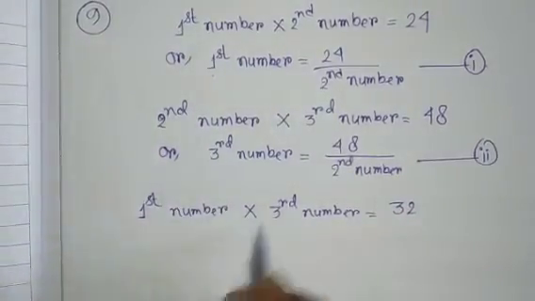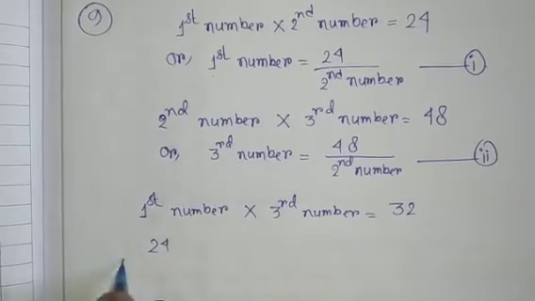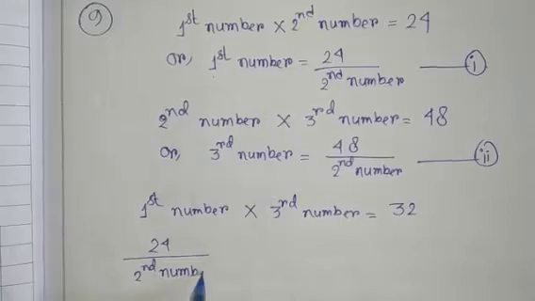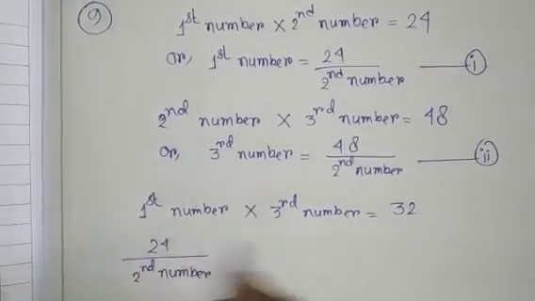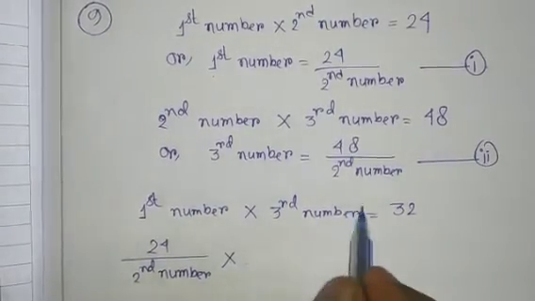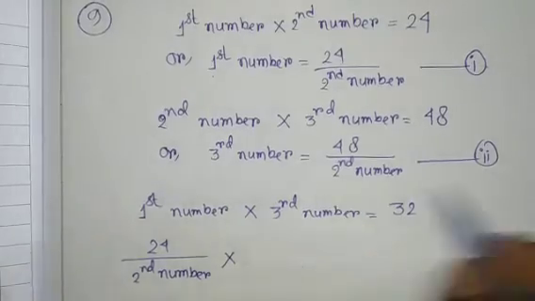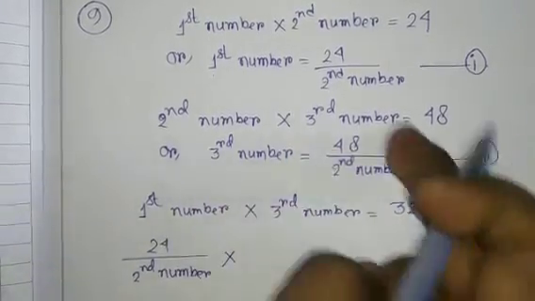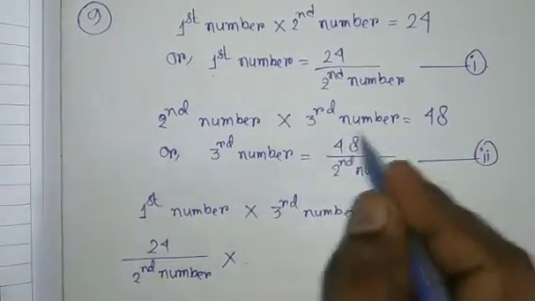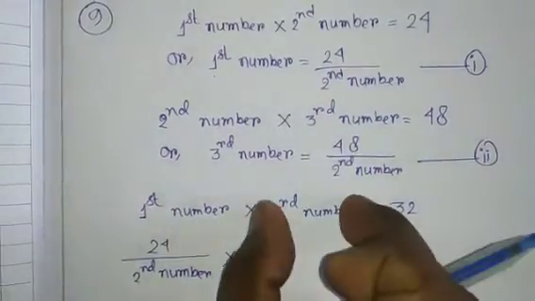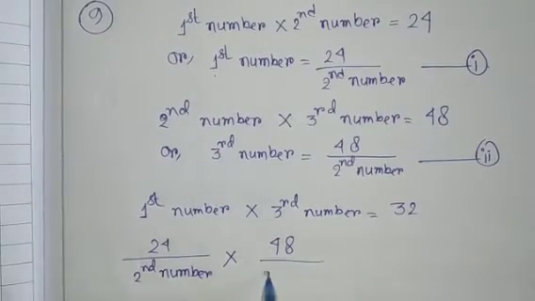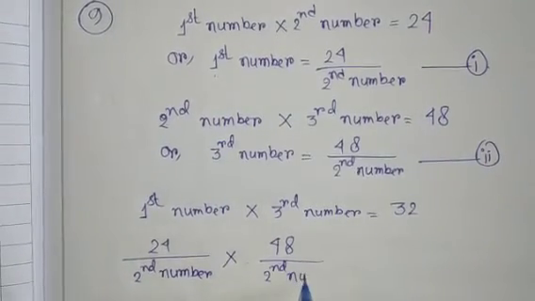So, in place of first number, we can write 24 by second number, then the multiply sign. Then the third number, from equation number 2, we can write third number is equal to 48 divided by second number. That means in place of third number, we will write 48 by second number.